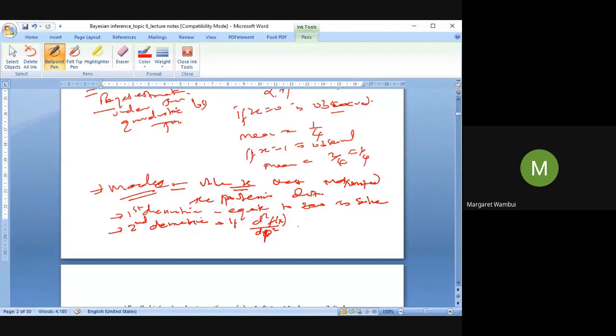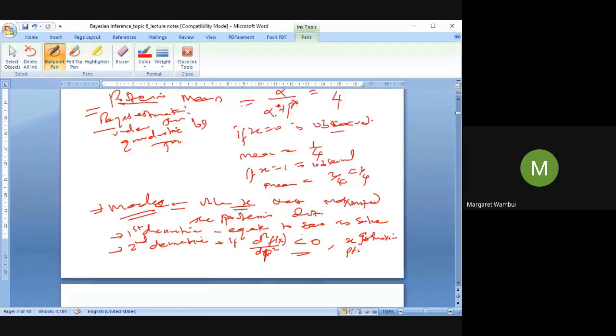I think it becomes maximum when the second derivative is less than 0, yes. So when the second derivative is less than 0, then you have your value of x here is maximum. It gives you a maximum point when the second derivative is less than 0.